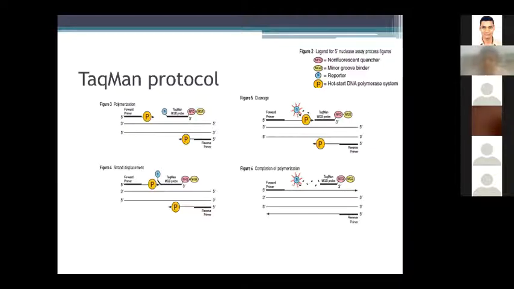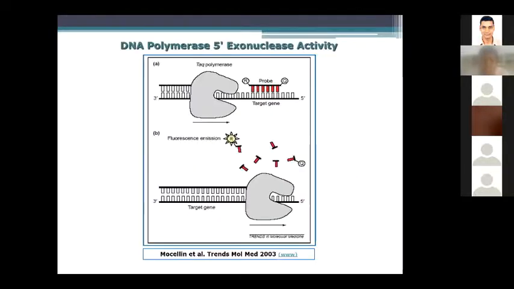This is a specific method by which we can go to a specific target, because intercalating dyes also identify non-specific regions, but with the help of the TaqMan probe, fluorescence is given only when it is specific to the target.